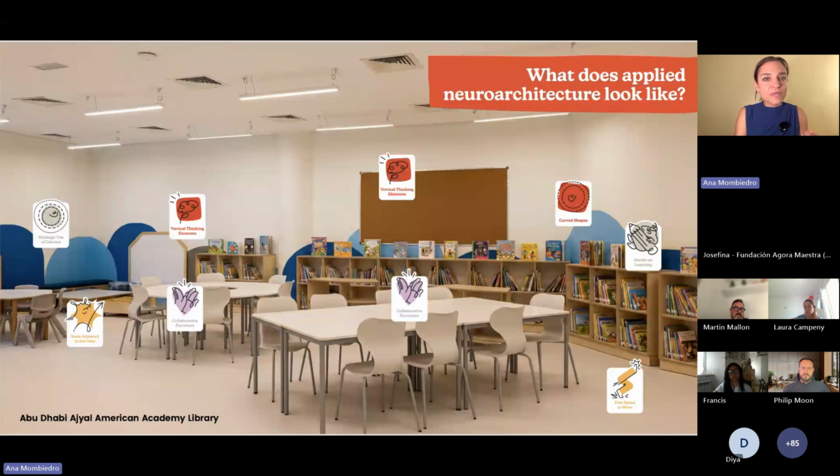And actually, this can be applied to all budgets school. That's why I said at the beginning that a space that is designed with the enriched environment model does not necessarily need to look different. This is not a matter of luxury. It's a matter of paying attention to the detail and how learning happens in the environment.